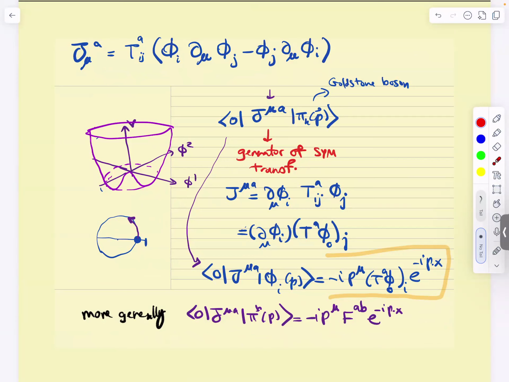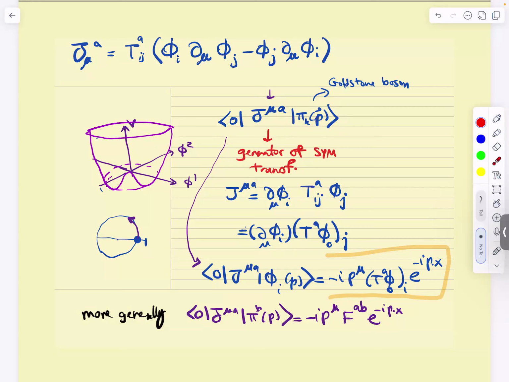So what is the O(N) current? Here's the O(N) current. You just use Noether's theorem. These are the generators of the O(N) Lie algebra, right? It is phi del mu phi minus this, what you would expect. Now, take this operator and stick it inside the following matrix element: 0 and a Goldstone boson.